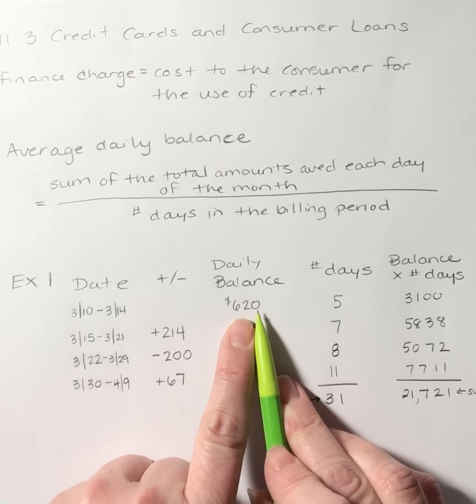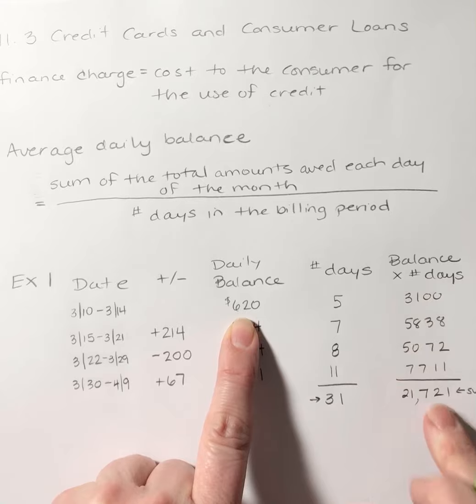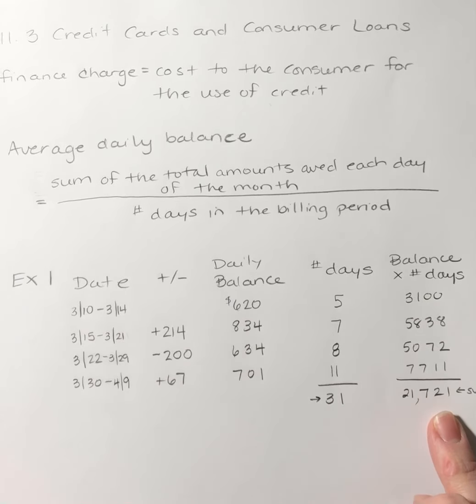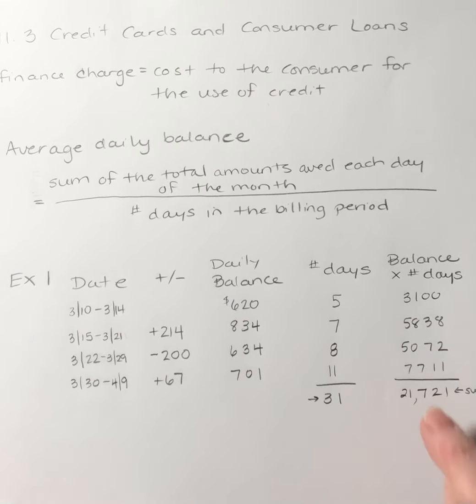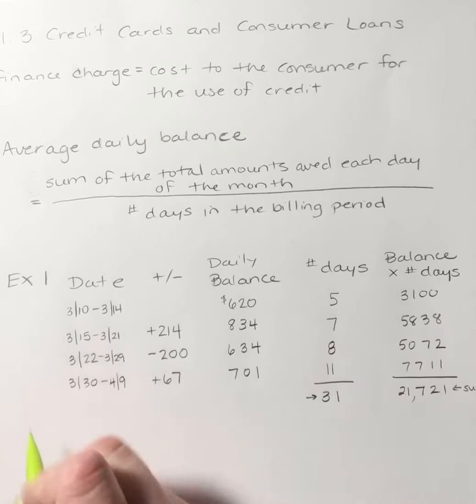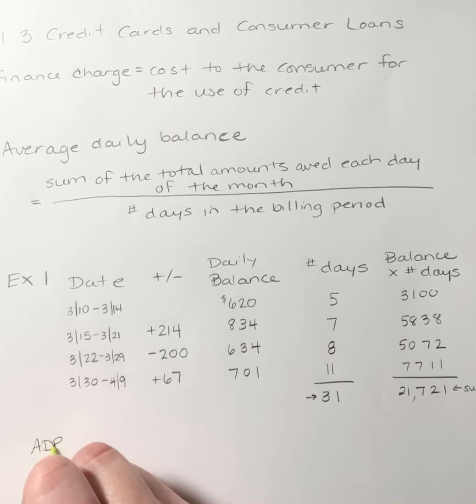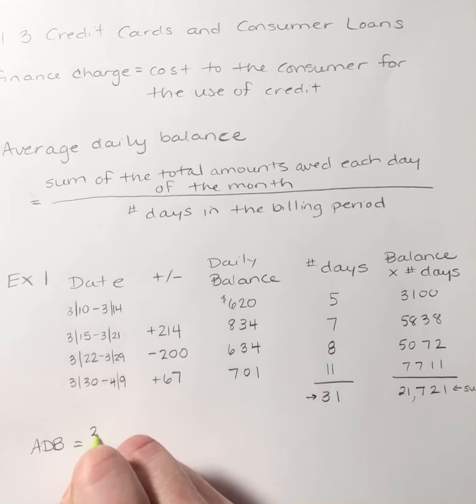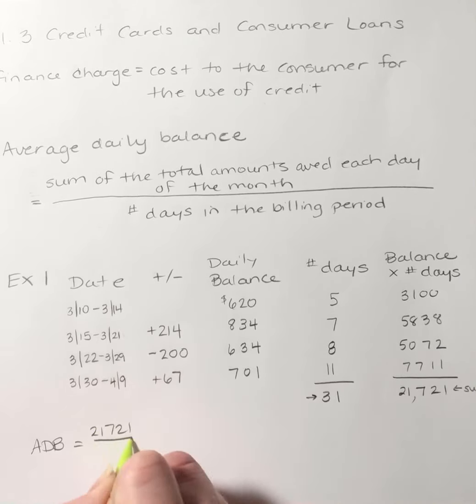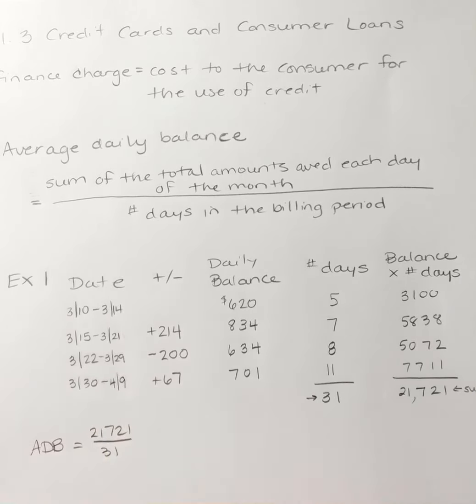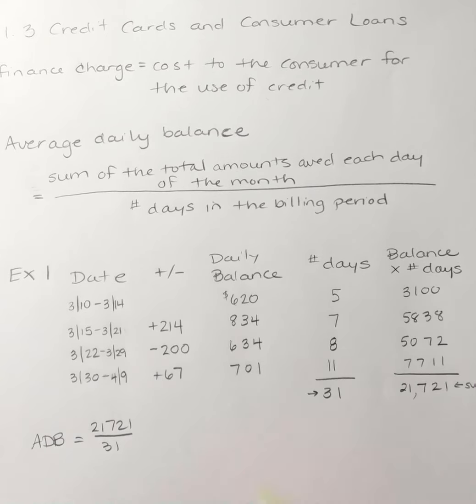I can take a shortcut and multiply those two and just add those numbers, okay? So then I'm going to take this number divided by this number. That's my average daily balance. I'm going to take 21,721 divided by 31, okay?